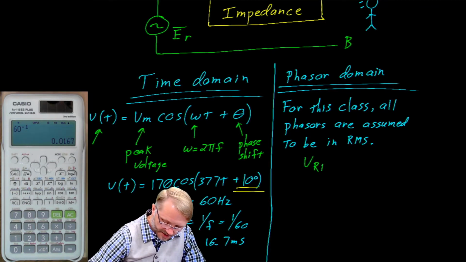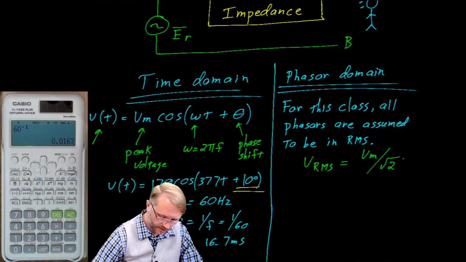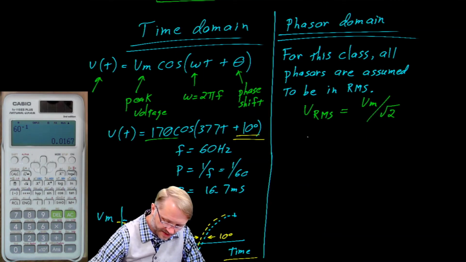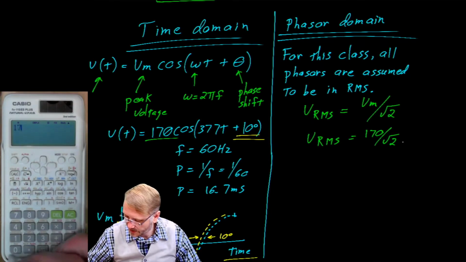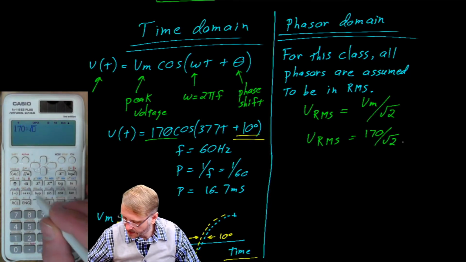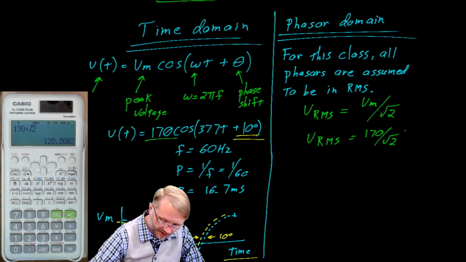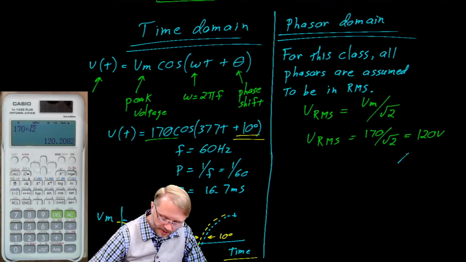The RMS voltage is equal to the maximum voltage over root 2. In this example, the maximum voltage is 170, so VRMS is equal to 170 over root 2. So that's 170 divided by square root of 2, which should give us 120 volts. We do this because that is what your meter reads.